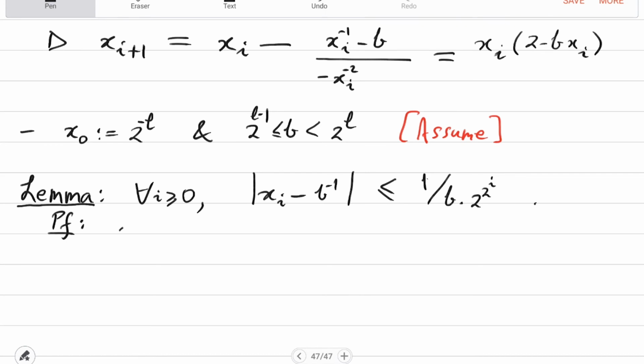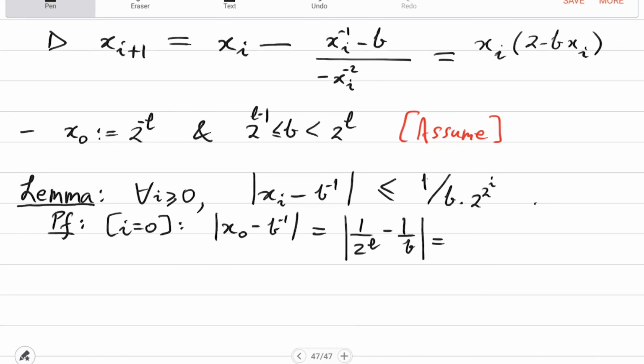So what is base case? i equal to 0. So x0 minus b inverse. X0 is 2 raised to minus L. Which is b minus 2 raised to L. 2 raised to L minus b, you know, is positive.